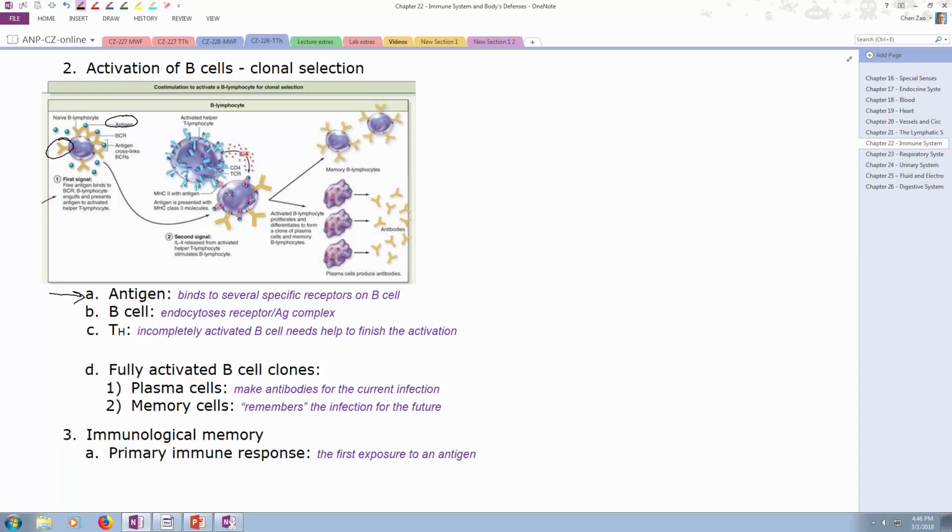So we have the antigen binding to the B cell receptor, and then we have a T helper cell that's been activated. That means that cell has cloned, and how do T helper cells help everybody else clone? It's the co-stimulatory enzyme.